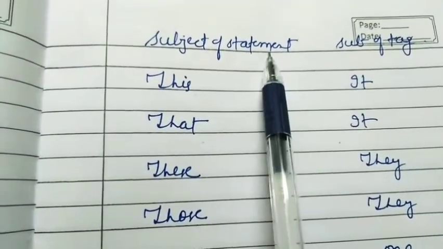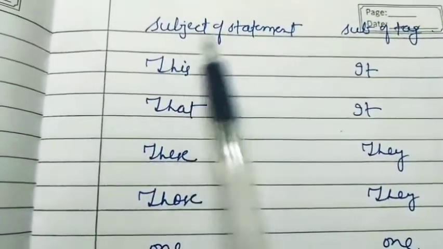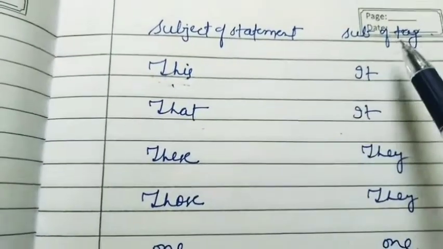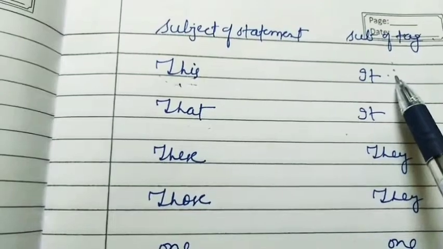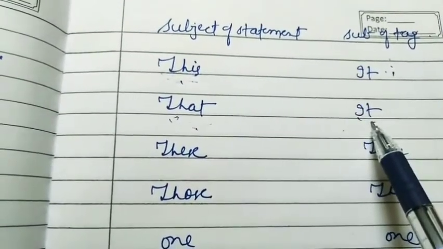Now a few more things here which you should know. Subject of the statement and subject of the tag. How to use it? If the subject of the statement is this, means this से sentence start हो रहा है, तो question tag में वो it की form में use किया जाएगा. ठीक है? If here it is that, then the question tag will be it. Okay?